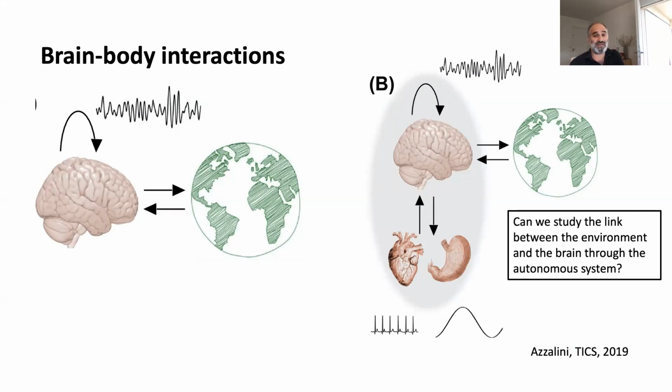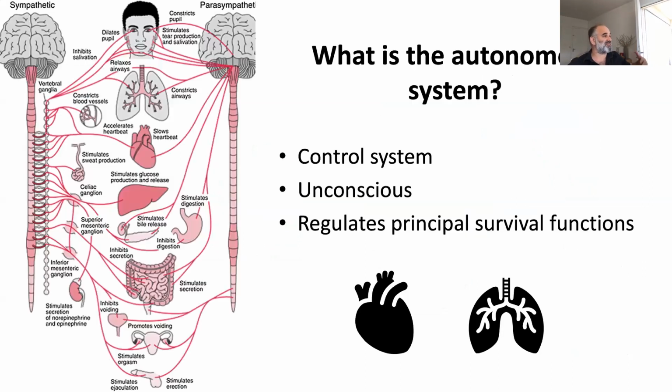But the reality is that the brain controls the whole autonomic system. The autonomic system is associated with different activities that we are not aware of, such as heart activity, respiratory activity, and the whole digestive system. This autonomic system is a control system. It's essentially unconscious. We are not aware of when our heart beats, and it regulates our functions.